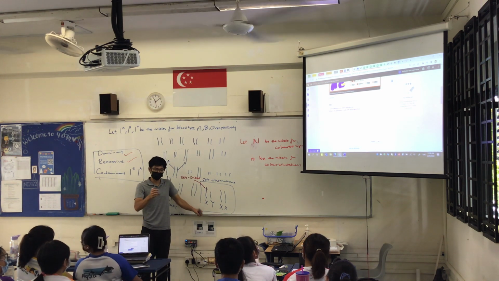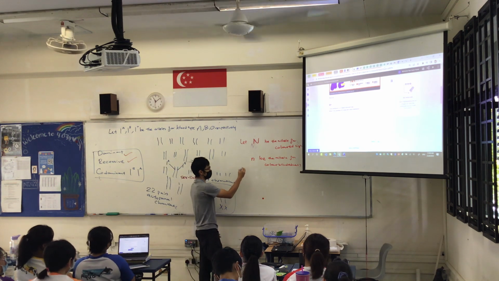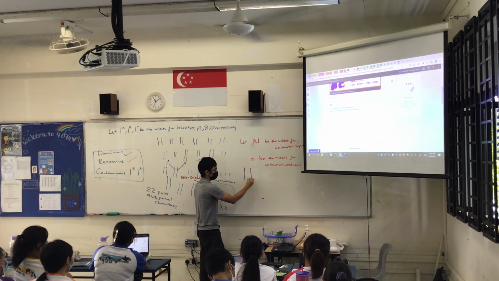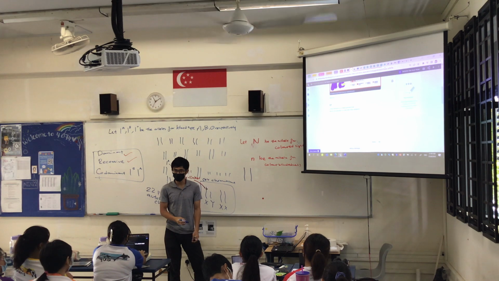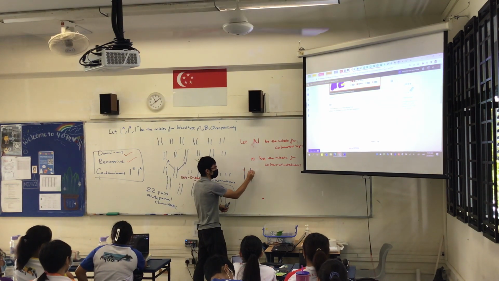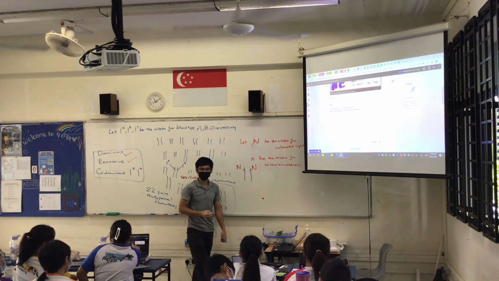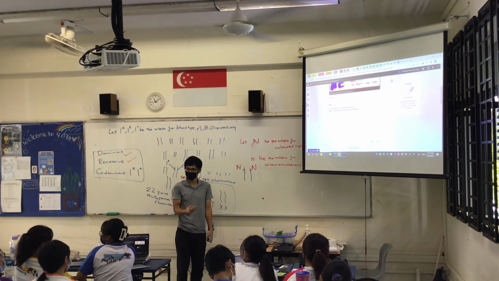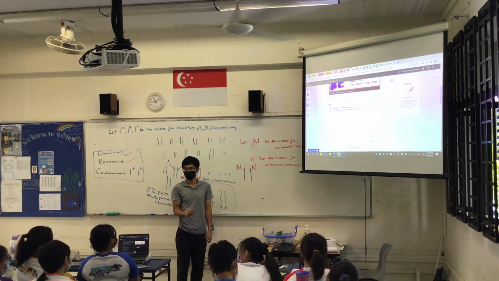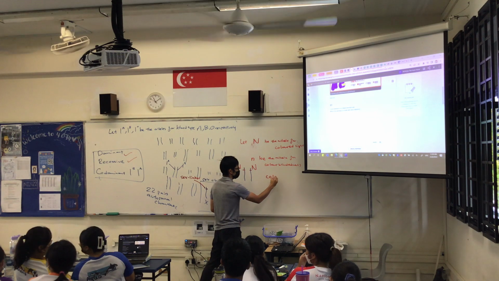Then I present you the issue. Let's say someone is female, that means 2 copies of the X chromosome. The alleles could be big N, big N. This lady can see color.